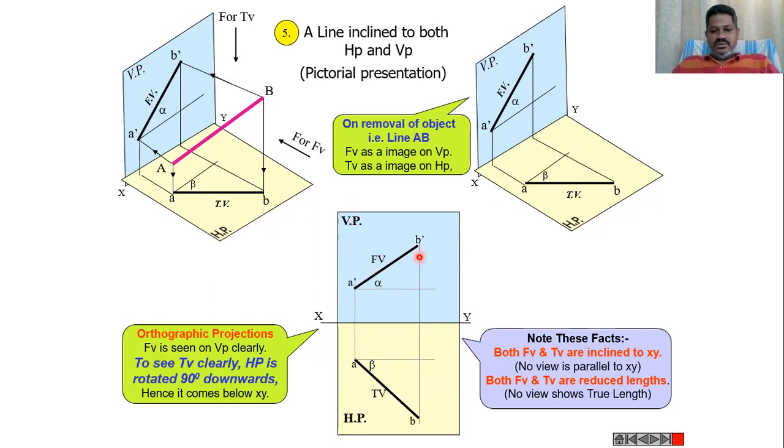And similarly, draw a line which is inclined to the horizontal plane. So this will become alpha and beta like this.